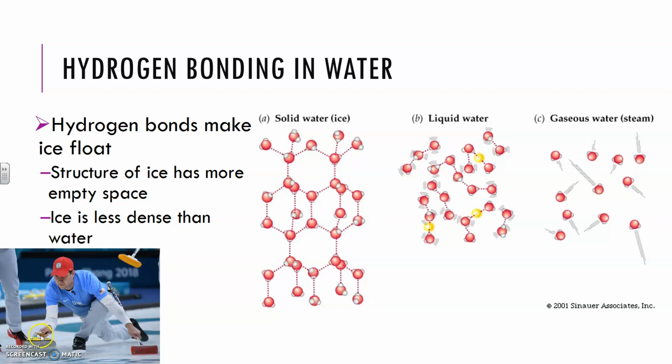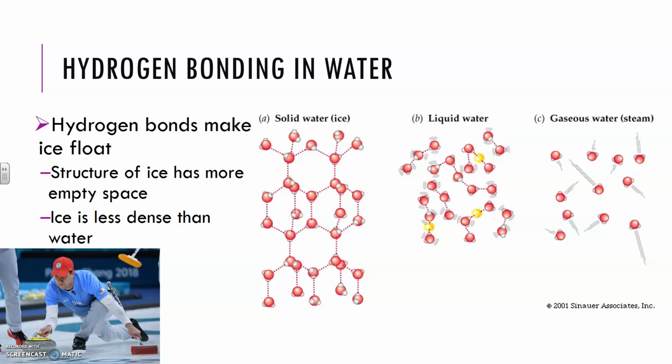They move so that their brooms are in front of this rock, and they will sweep the ice. Now, that doesn't sound like a huge deal, but these pads on the brooms are actually friction pads, and so they're putting enough friction on that ice that they're melting the ice just a little bit.